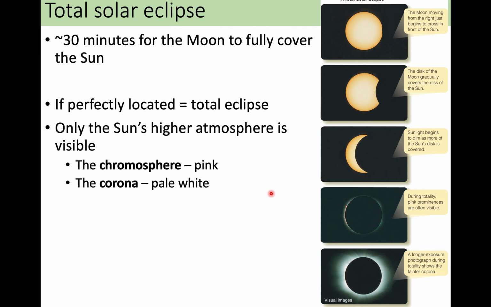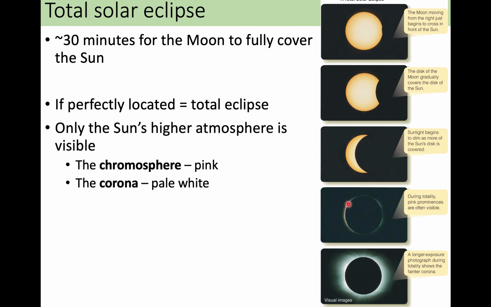And at that point, we can actually see the atmosphere of the sun. When we cover up almost all the light coming from the sun, we actually see the higher atmosphere of the sun. We can sometimes see the sun's chromosphere, which is pink.